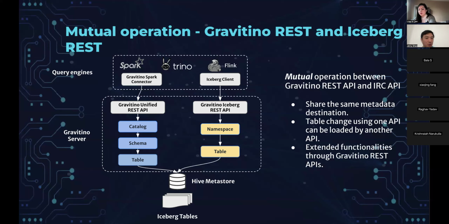But if you want additional production-related features like authorization, authentication, and governance audit, then the Gravitino API will provide more functionalities on top of the Iceberg REST spec. So we provide two APIs for you to choose. You can choose either API to do the query, to do the table processing, or to do additional things.